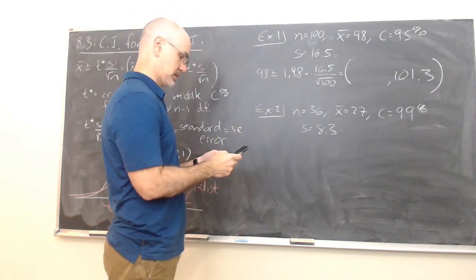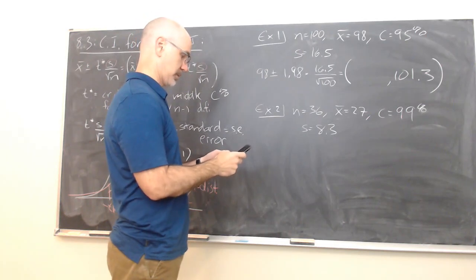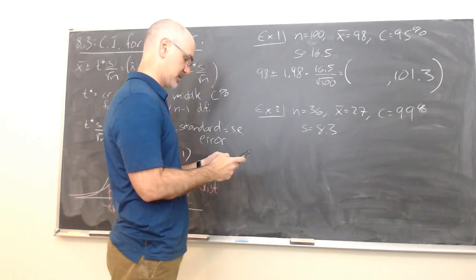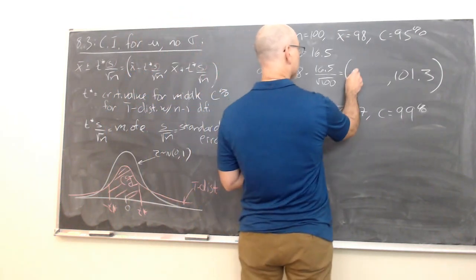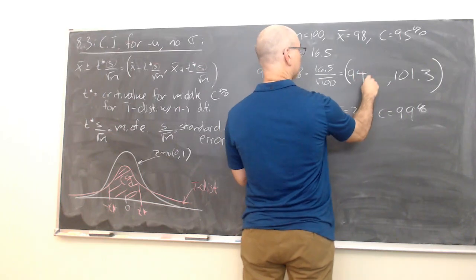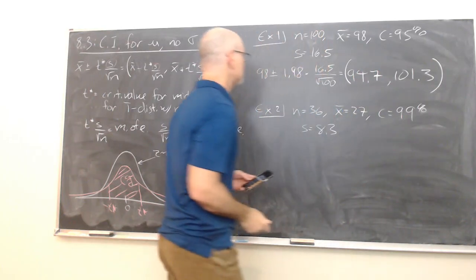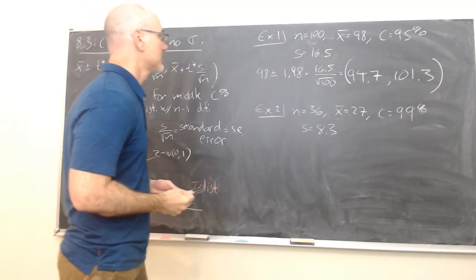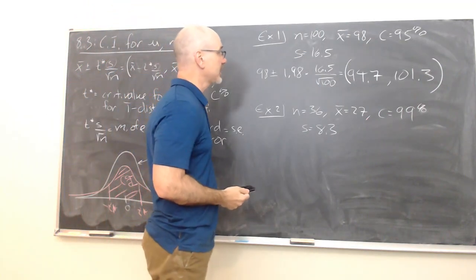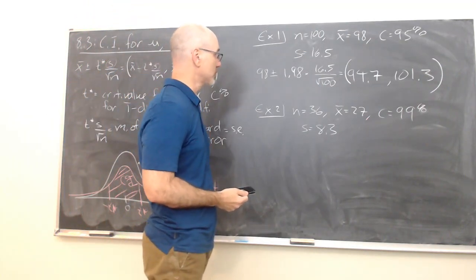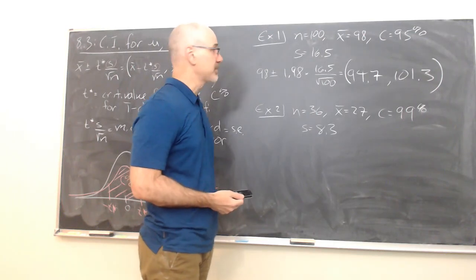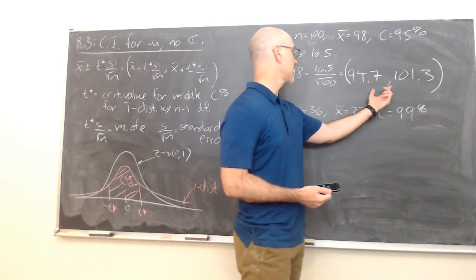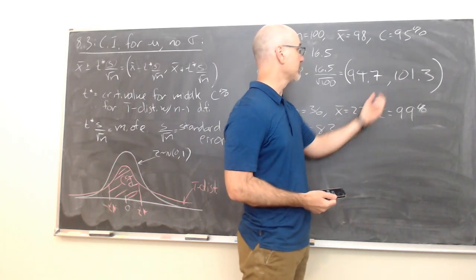And 98 minus 1.98 times 16.5 divided by 10. So I get 94.7. So this would tell us that we are 95% sure that the mean IQ of the population is between 94.7 and 101.3.